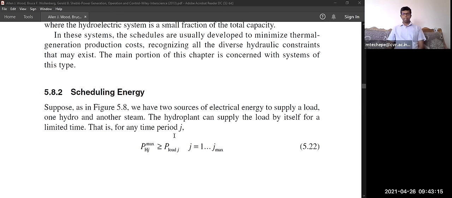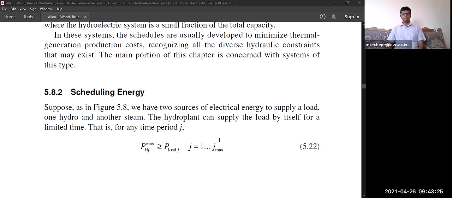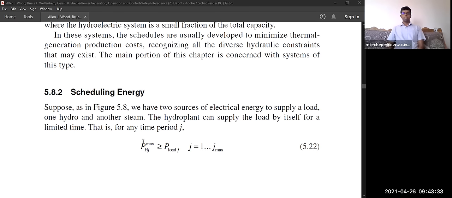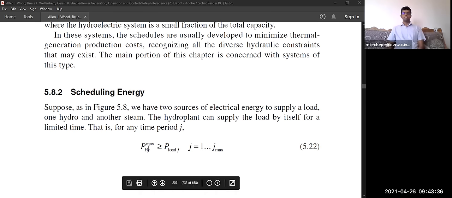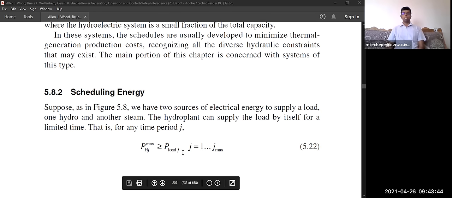So for time period j, where j is equal to 1 to j maximum, the time period may be of 1 hour to a maximum of 8 hours. Say, for example, here the hydro might be available for 8 hours. Here P of Hj maximum, that is the maximum power generated from hydro, is greater than or equal to P load. So we are considering the power generated from the hydro itself.